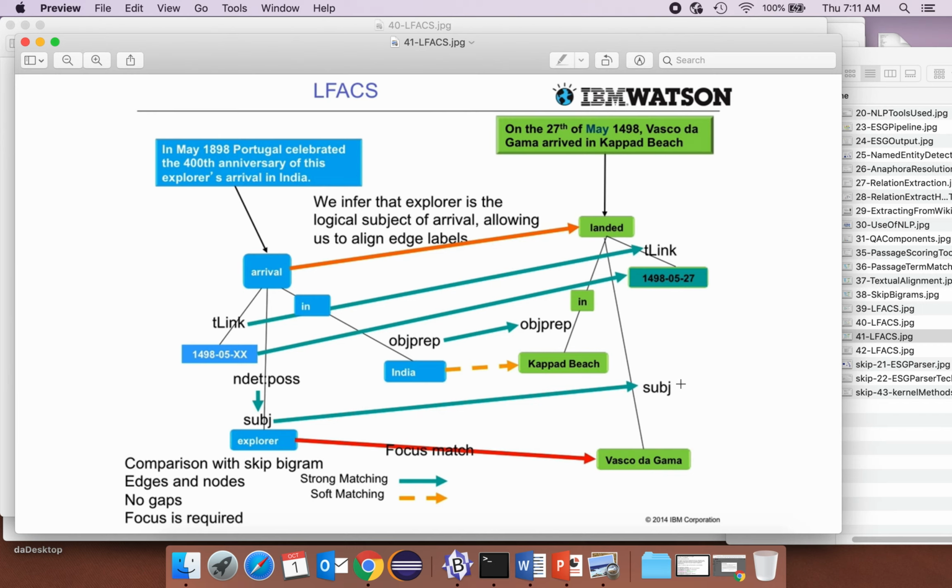Let's see. So going back now to the example about Vasco da Gama, we now see much more matching based on parsing the structure. We have a subject in here and a subject. We know that Vasco da Gama is the subject of landed. We have a match between arrival and landed.